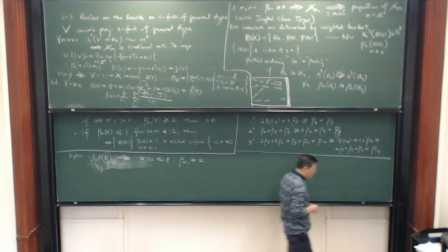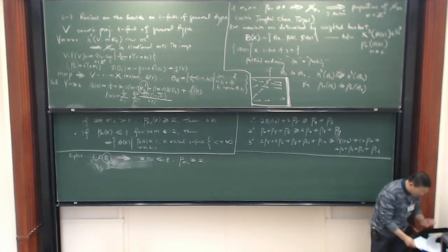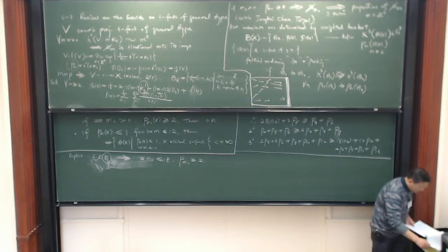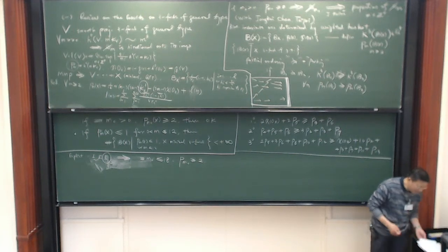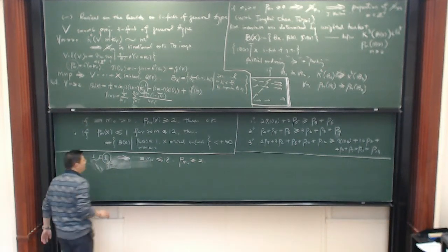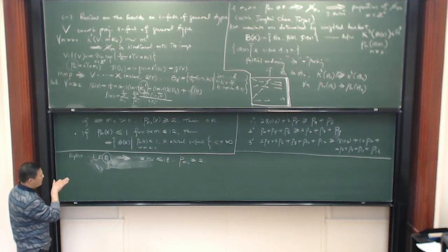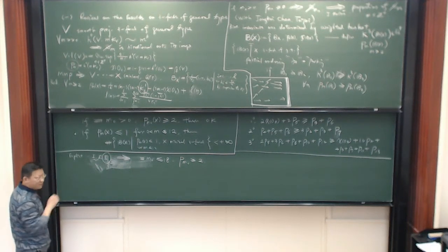We will excavate Kollár's method and try to improve his technique and to study the birational geometry of threefolds of general type very explicitly.